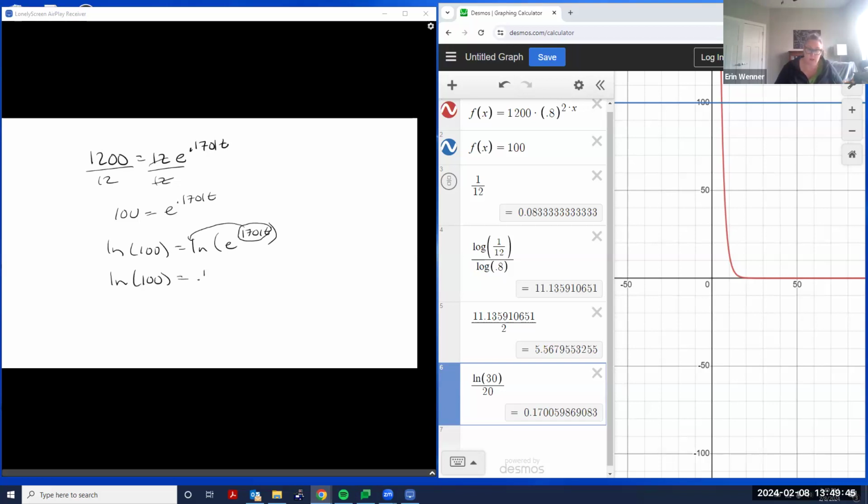Again, until you're comfortable with getting rid of that ln of e, continue to remind ourselves, oh, the natural log of e is equal to 1. That's why it drops off. That's why dealing with continuous functions is so nice.